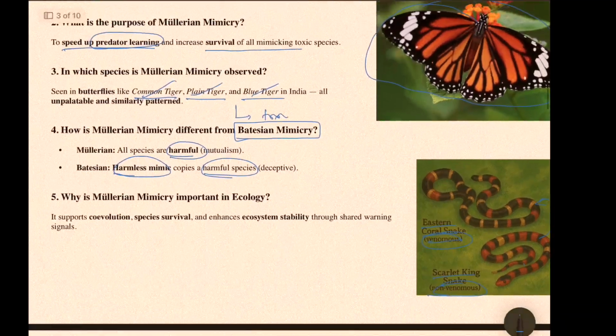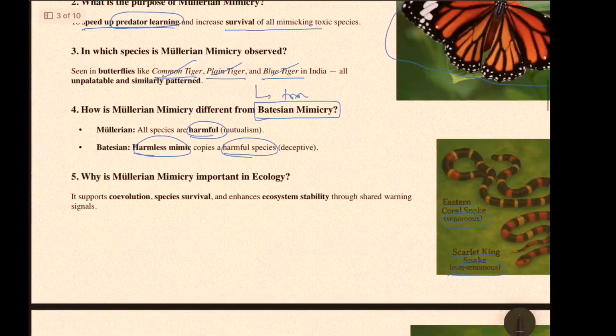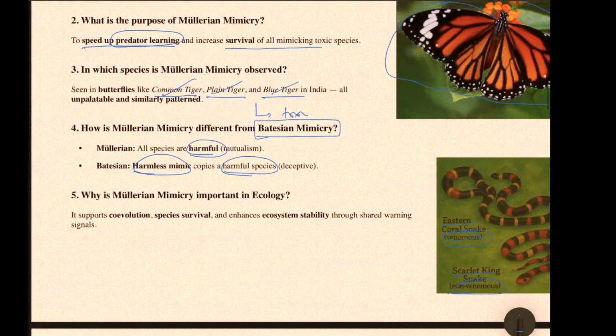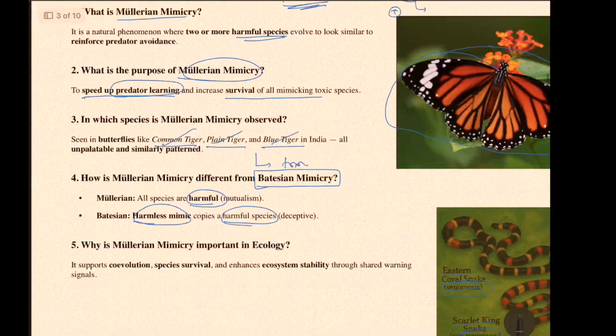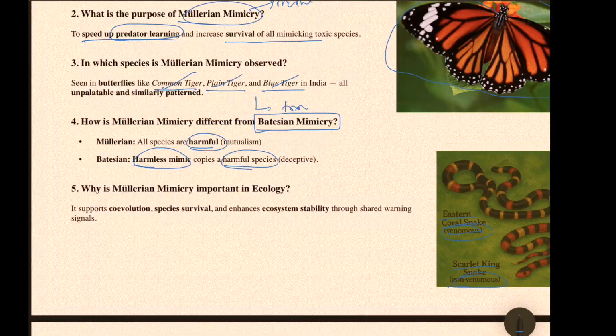So, how is it important in ecology? One, it promotes species coexistence, since Müllerian mimicry is a kind of mutual interaction between two species. And two, it strengthens the warning signals in the ecosystem, contributing to evolutionary stability.